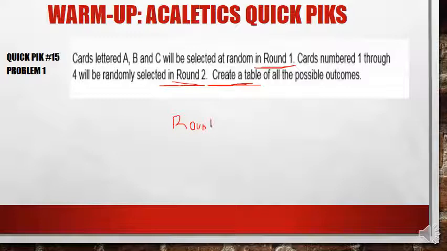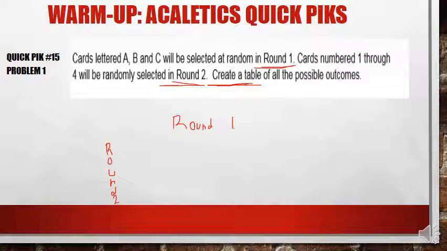I'm going to go ahead and write round 1 across the top. And I'm going to go ahead and write round 2 down the side. Now, it doesn't matter if you put round 1 going down vertically, or you put round 2 going across horizontally. It really doesn't matter, as long as you have all the options there.